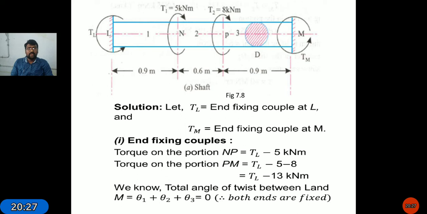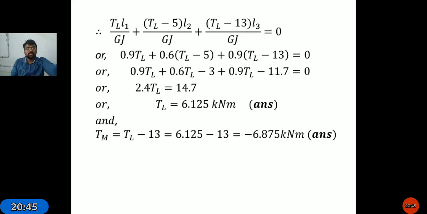So that we know that the total angle of twist between L and M is equal to theta 1 plus theta 2 plus theta 3, because here both ends are fixed, so that at both ends the angle of twist is 0, so that the total angle of twist is equal to 0.